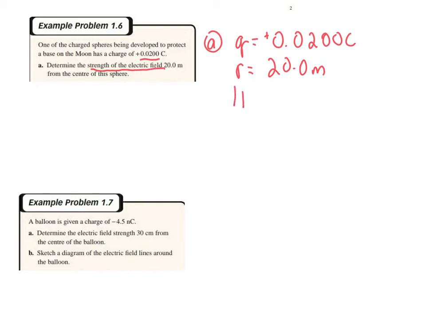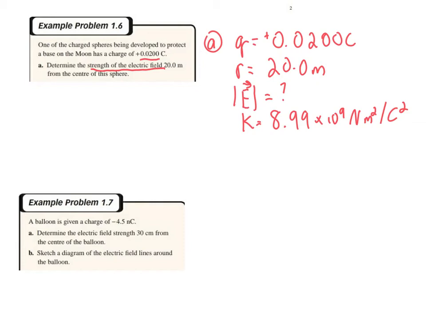And so the electric field strength, again, just use your data booklet, guys, it's right there, is E. And that's what we need to solve for. The other thing that we have to define here is our constant K, which is equal to 8.99 times 10 to the 9 newton meters squared per coulomb squared.